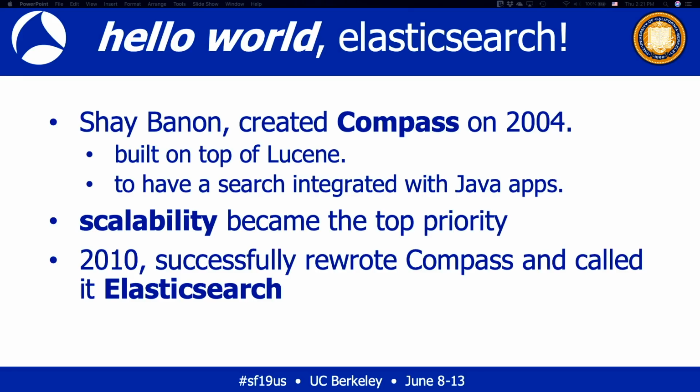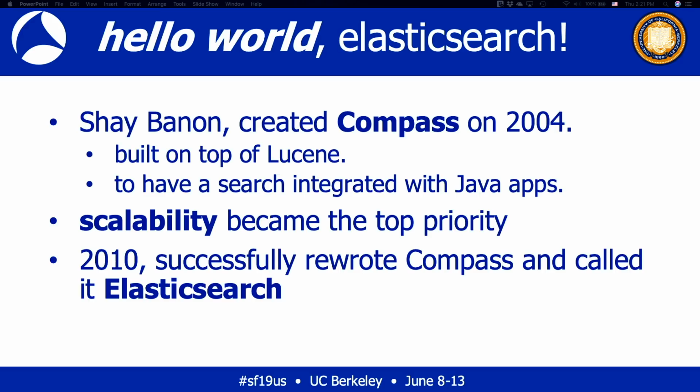He put scalability as a top priority on the Elasticsearch project. In 2010, he successfully rewrote the Compass code and called it Elasticsearch. Sometimes people call it ELK because it's a combination of Elasticsearch, Logstash, and Kibana, but Shay Banon started the project with Elasticsearch.